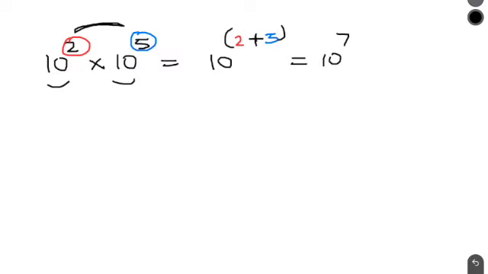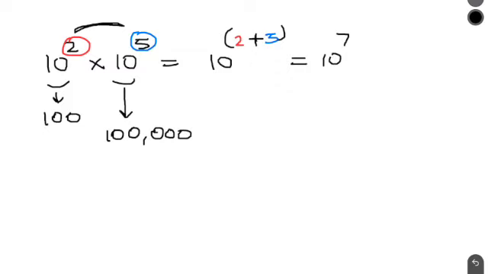And how this would look if we expanded it out: 10 to the power of 2 has 2 zeros. 10 to the power of 5 has 5 zeros. 1, 2, 3, 4, 5.